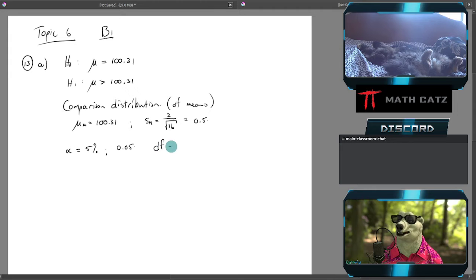Our degrees of freedom is one less than the sample size, and in this case is 15, and we need that because depending on the sample size, the t distribution that we're using whenever we have to approximate the standard deviation from the sample is slightly different depending on how large the sample is. With larger samples, it starts drifting towards the normal distribution, but for samples below 100, the tail is a bit different, and it's technically a different distribution.